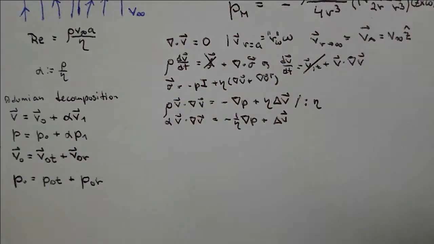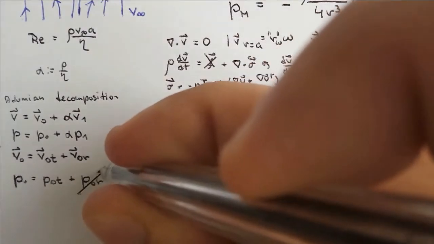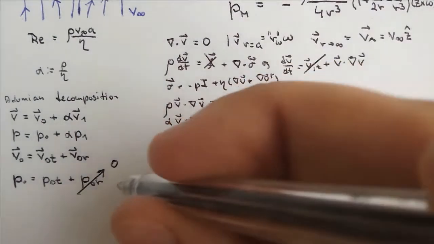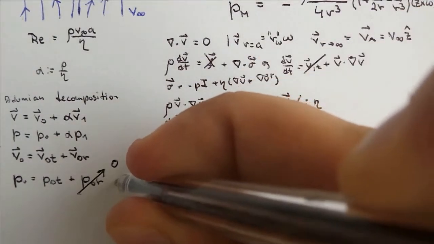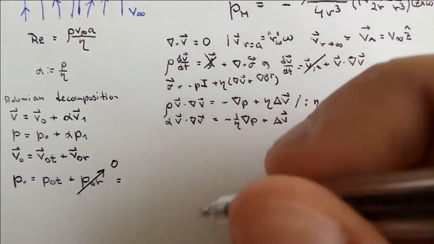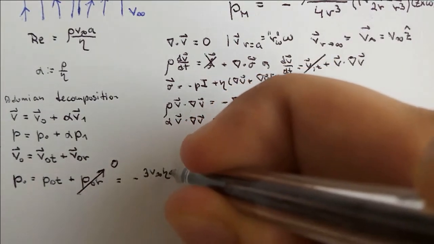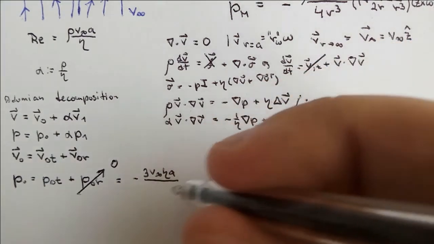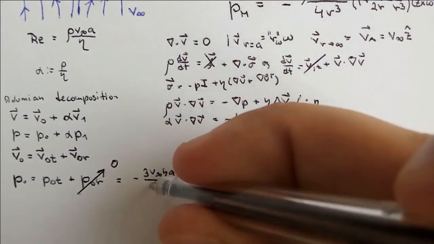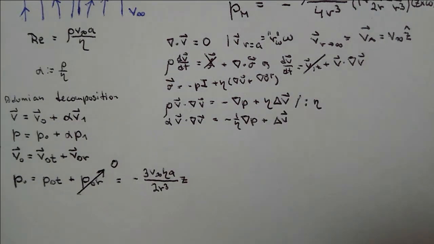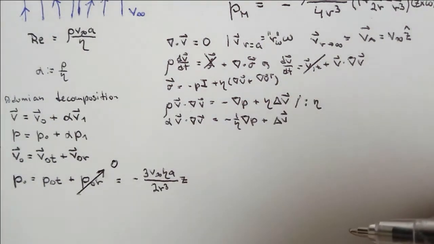And remember, in the video I proved that this part is actually 0, so it's only the translational part. And this is a familiar term, minus 3 V infinity eta a over 2r cubed times z.